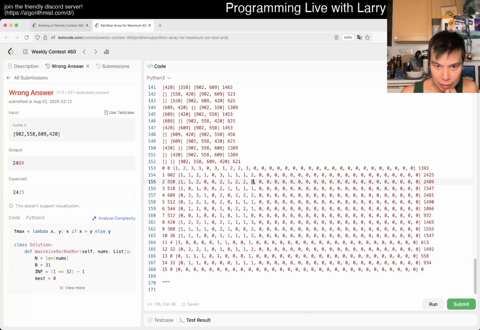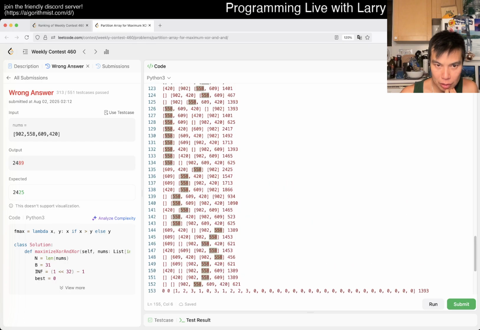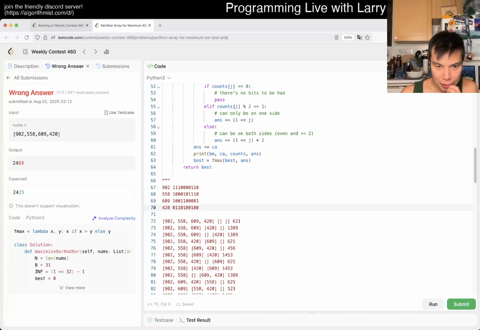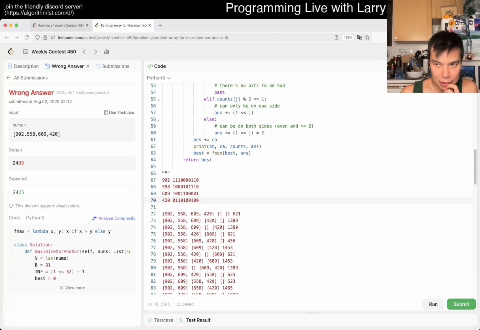Okay, which one is 558 in the middle? I think it's this one. Maybe I should print it better, but it should be in order. Okay. What is this bit? Oh, 512. Okay, so now let's say we took this as an n.